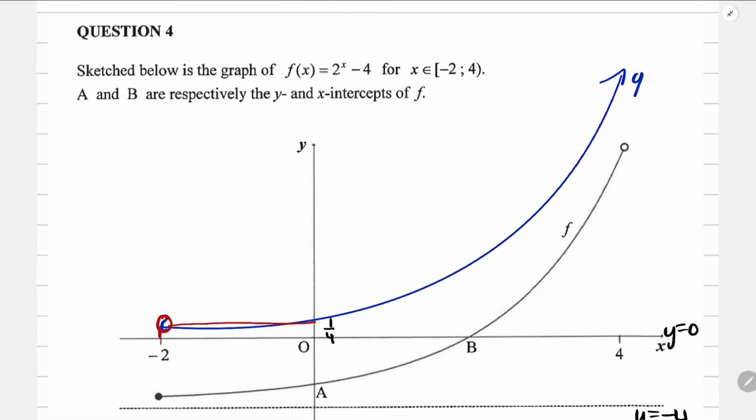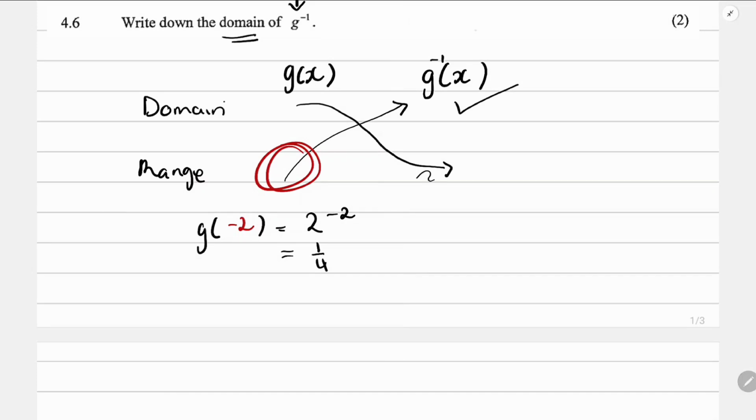So you see, it starts at 1/4. And where does it end? Okay, so this is the y value. The highest y value you'll get is here, and it is the one that goes with this 4 over here, that restriction, okay? So substitute 4 to get that highest y value on the y-axis. We'll say g of 4 is equal to 2 to the power of 4. 2 to the power of 4 is what? 16.